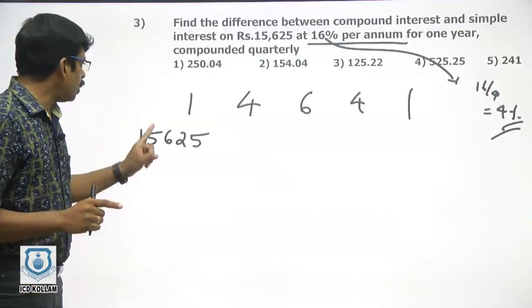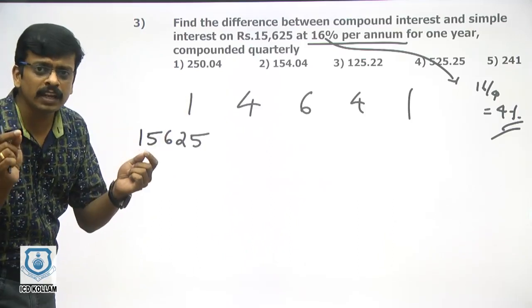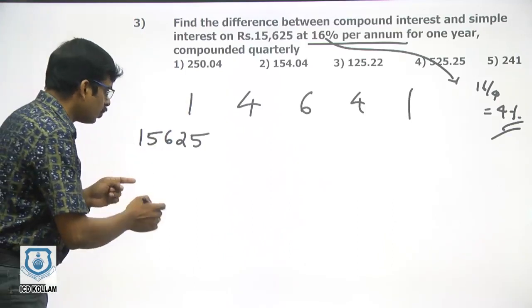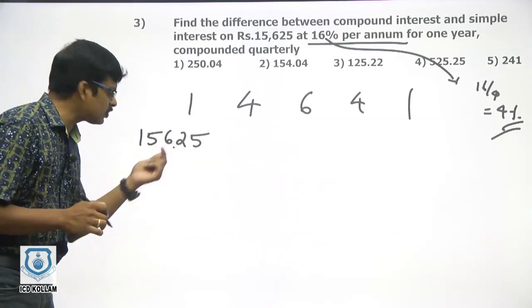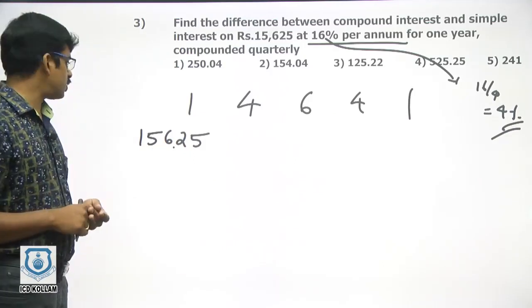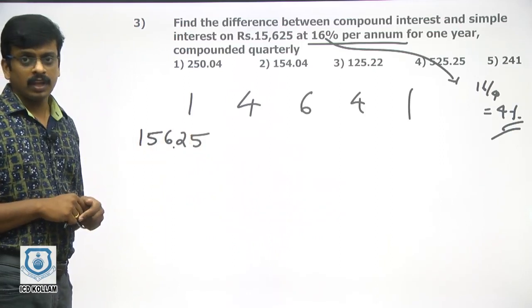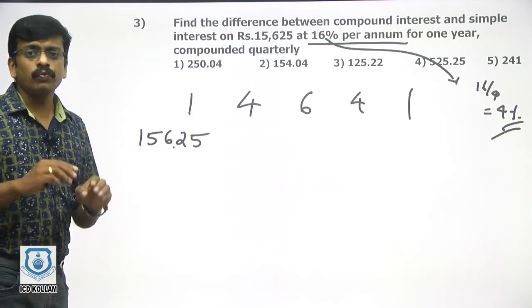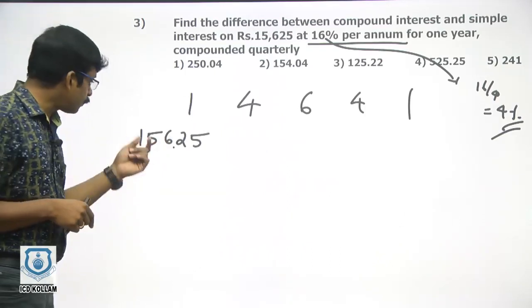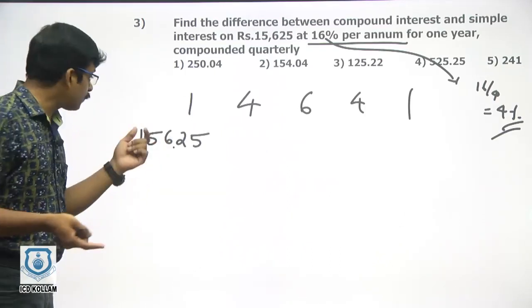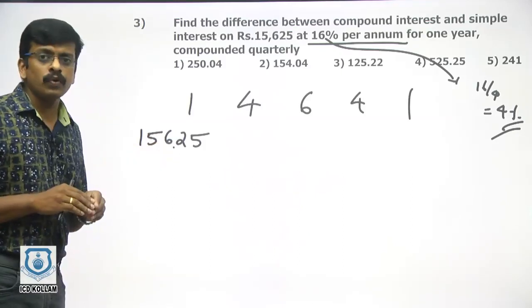First of all, you need to find 4% of this number. There is an easy way for finding 4%. Just take 1% first. If you eliminate the last two places, that will be 1%. So 156.25 is 1%. So 4% will definitely be 4 times that number. 150 into 4 is 600. 6.25 into 4 is 25.